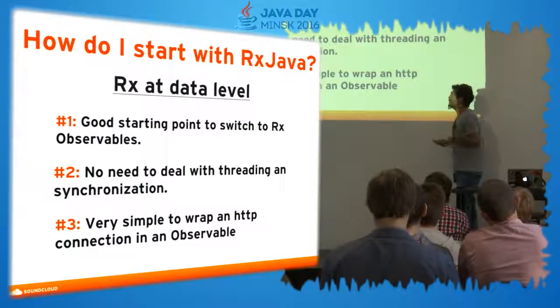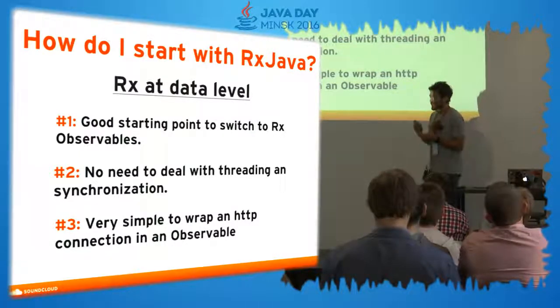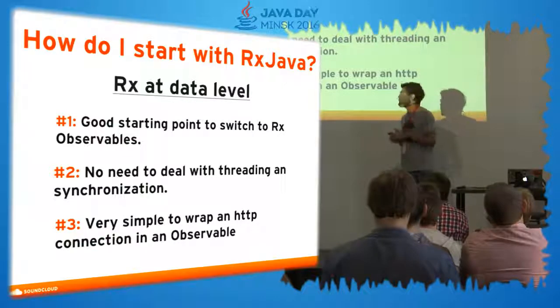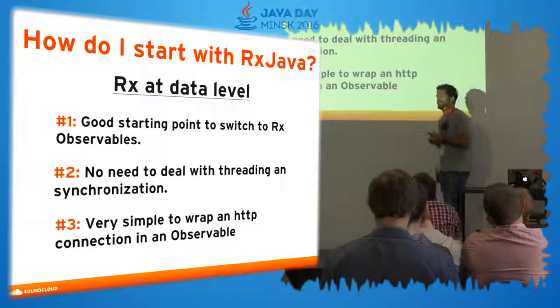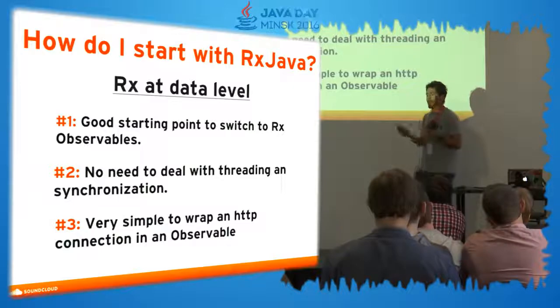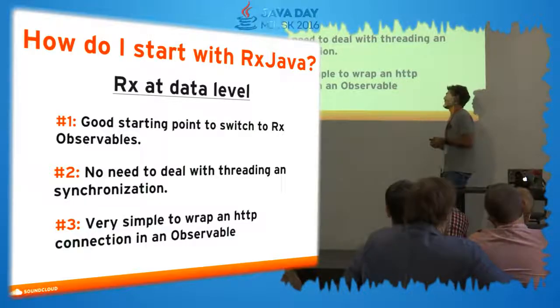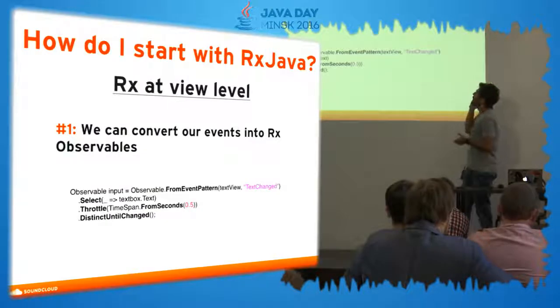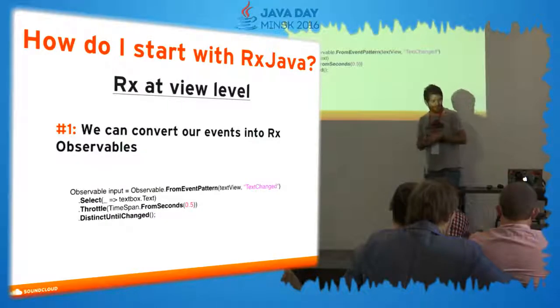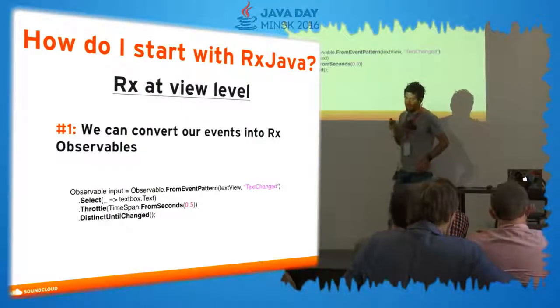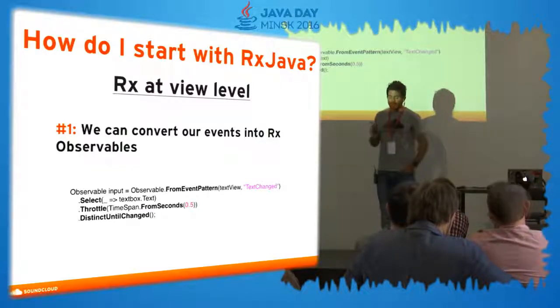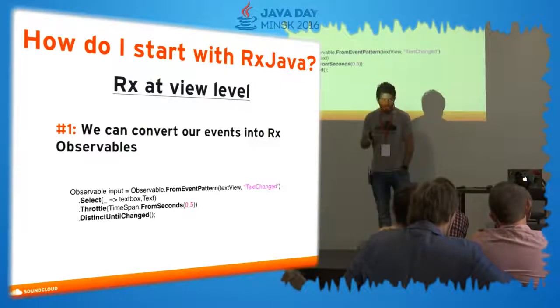And if you're doing API calls, it's pretty easy to wrap an HTTP connection in an observable. RxJava provides very useful methods for that. If you're at the view level, this is Android specific, so I'm not going to spend much time on it.